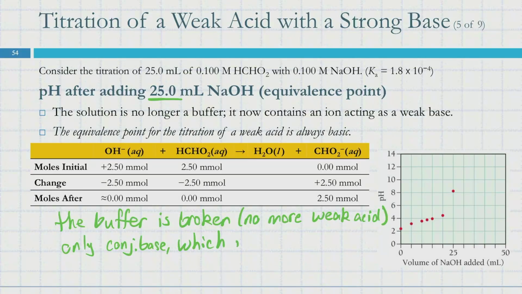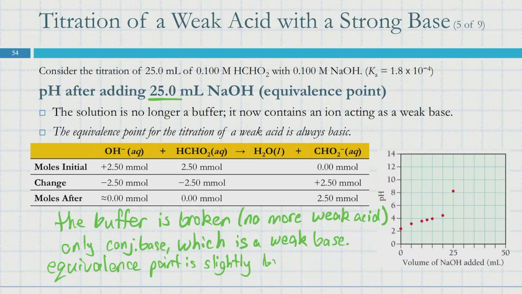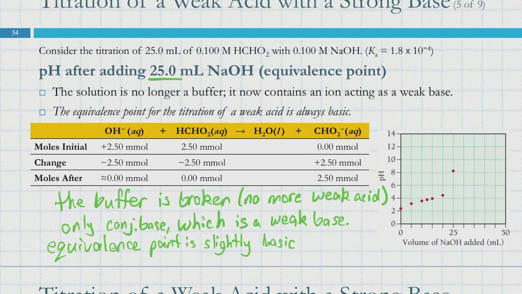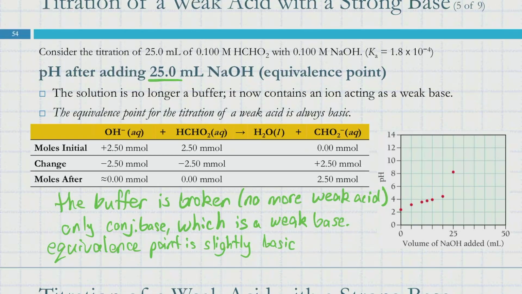And since it's a weak base, our equivalence point is no longer neutral. Our equivalence point is slightly basic. I think we have a calculation for calculating that pH on the next slide here.